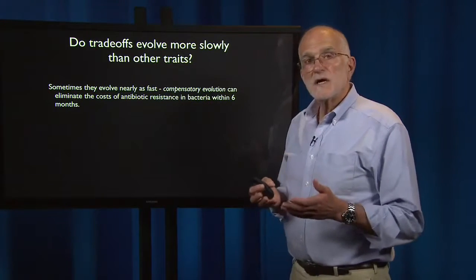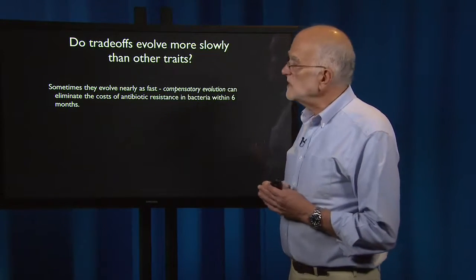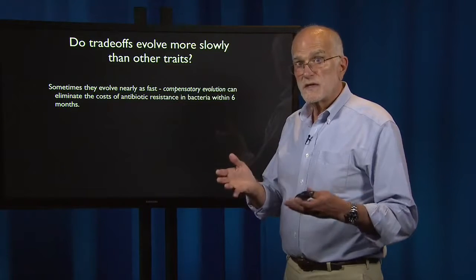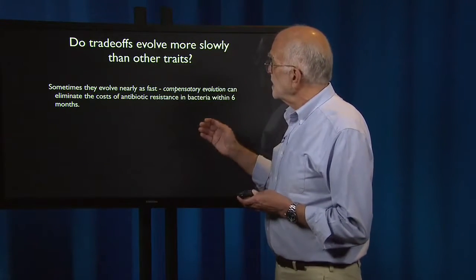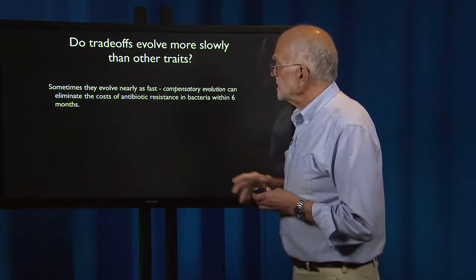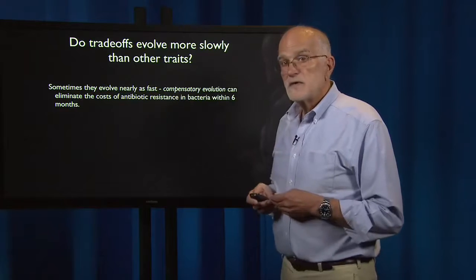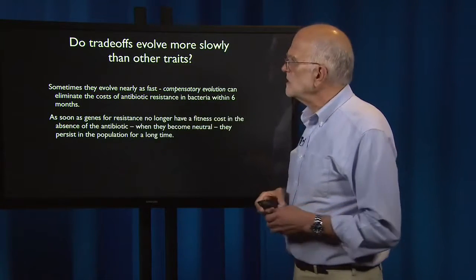However, if you ask, how rapidly do the costs of antibiotic resistance disappear when bacteria are selected in the presence of antibiotics? The answer is, well, pretty fast. This is called compensatory evolution, and it can eliminate the costs of antibiotic resistance in bacteria within about 6 months of selection.